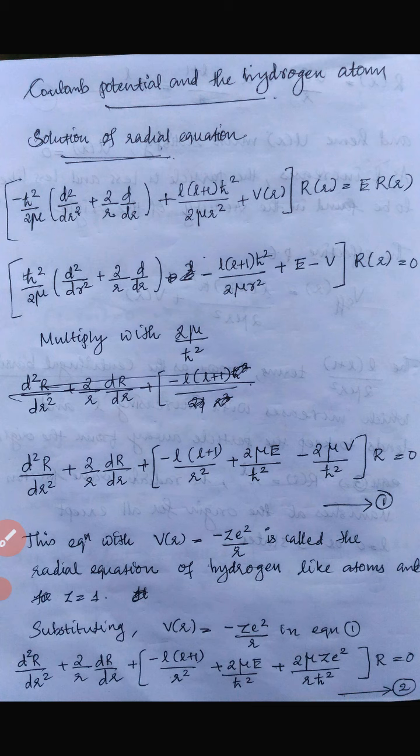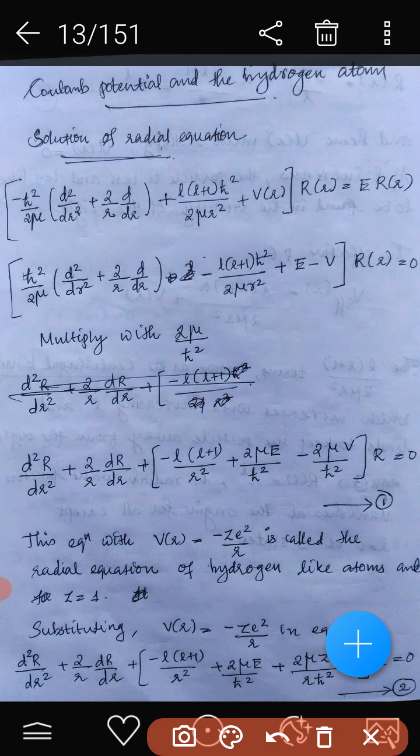I multiplied this equation throughout by minus 1, that's why this minus becomes plus here and this plus becomes minus here. Then E minus V into R is equal to 0. And I multiplied throughout the equation by 2 mu by h cross square. Then we get this equation, equation number 1.